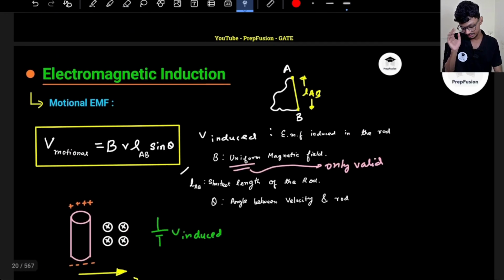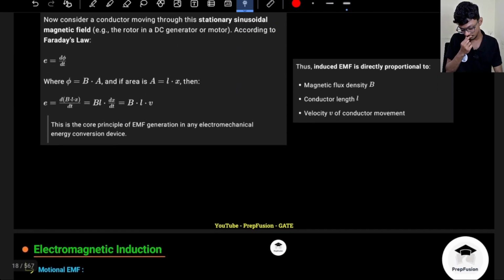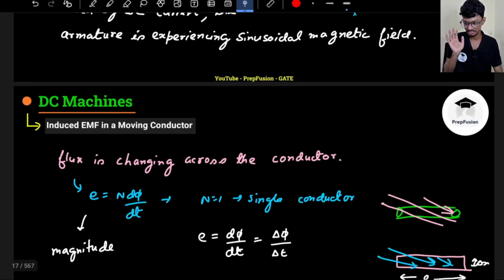So in case of generator, if I am rotating this in the clockwise direction, what will be the direction of the current now? That is also a very important fact to note here. The direction of the current will be given by Fleming's right hand rule. For a generator, the direction of the current will be given by Fleming's right hand rule.